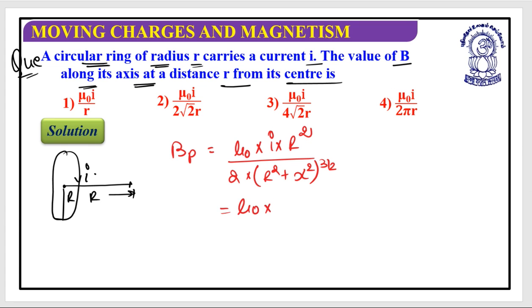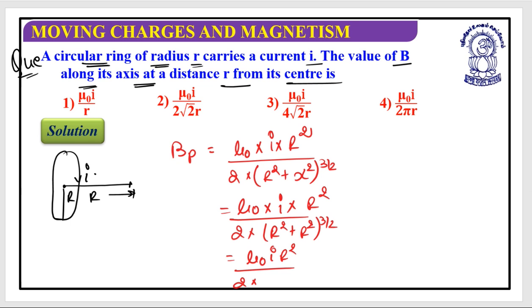This equals mu naught times I times r square divided by 2 into r square plus r square to the power 3 by 2. So this equals mu naught I r square divided by 2 into 2r square to the power 3 by 2. I hope this is clear.